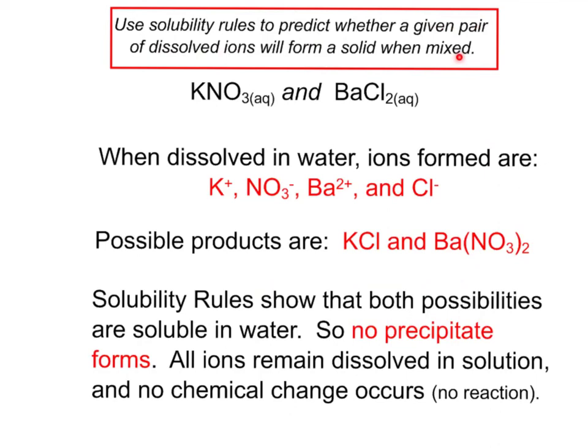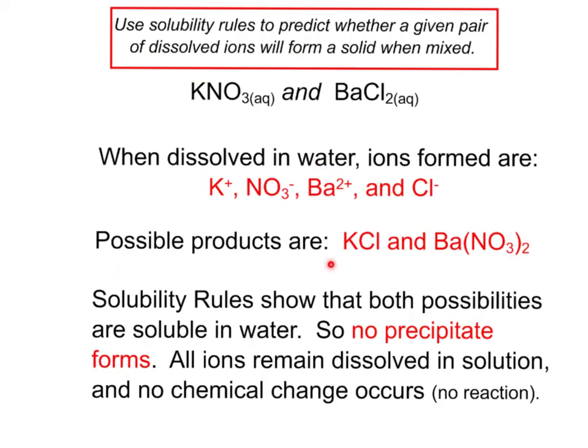So here's a problem. I'm going to take some potassium nitrate, aqueous in solution, and barium chloride in solution, and I'm going to mix those together. Am I going to get a reaction, at least a precipitation reaction? Is that going to happen? Well, let's look at what the possible products are. When I dissolve all of these in water, these are my ions, right?